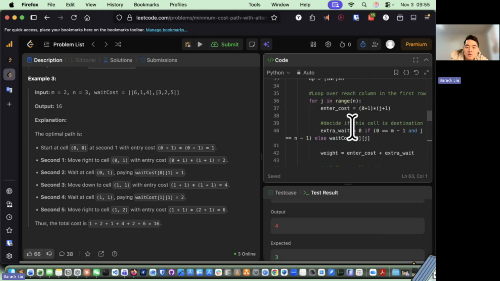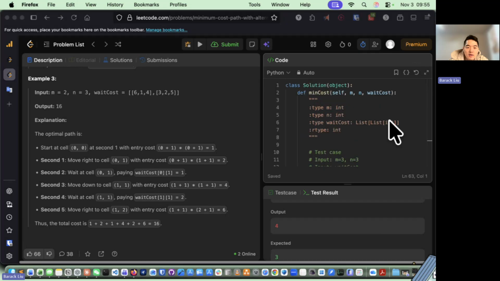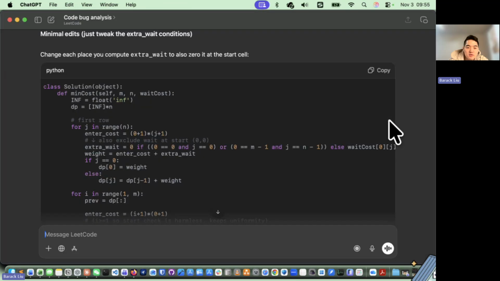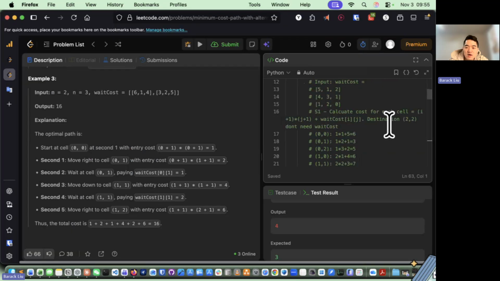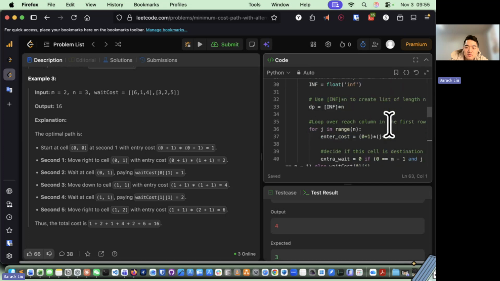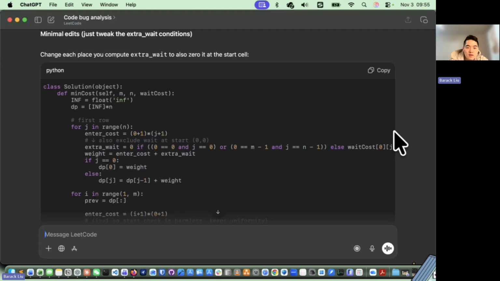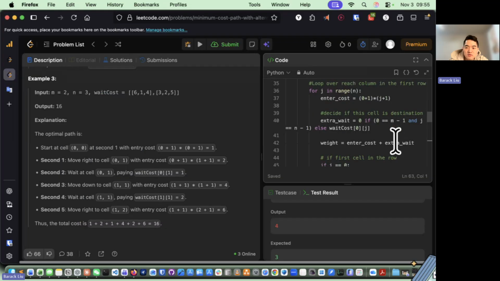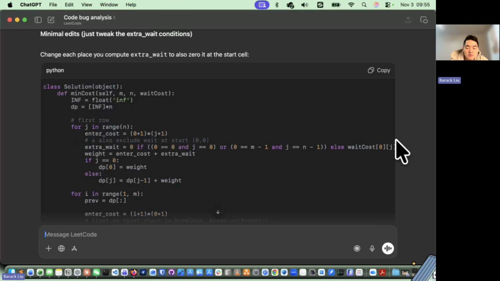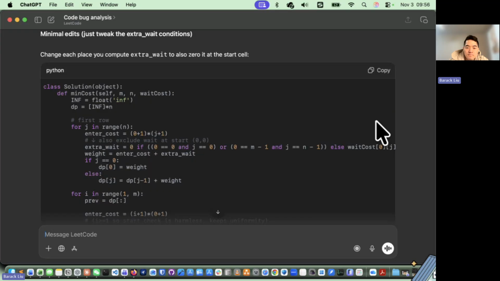Oh. I get the point. For the start, we also shouldn't wait, huh? I guess we found the reason. Yeah, it says the very beginning.